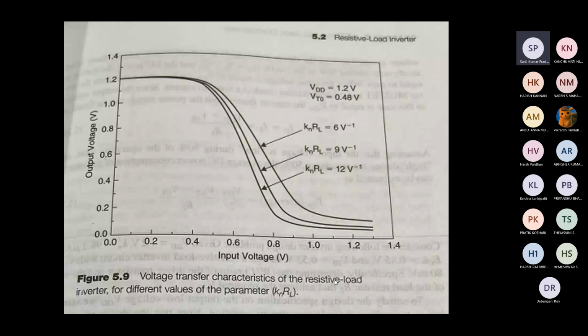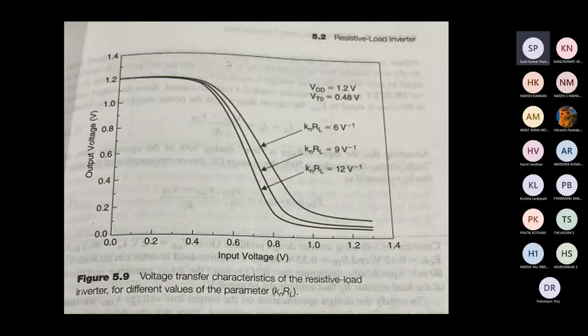So this is the voltage transfer characteristics of the resistive load inverter for different parameter values for Kn and RL. When we design this resistive load inverter, we take some parameter values into consideration.